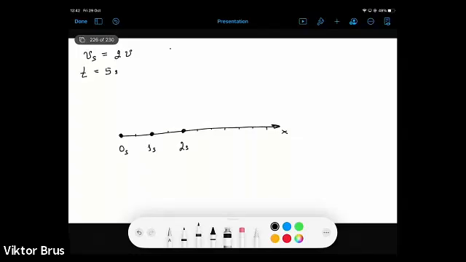At 3 seconds, the plane will be here. Then 4 seconds here. And at 5 seconds, finally, it will reach the last point in this time interval which we consider. So it will be 5 seconds.